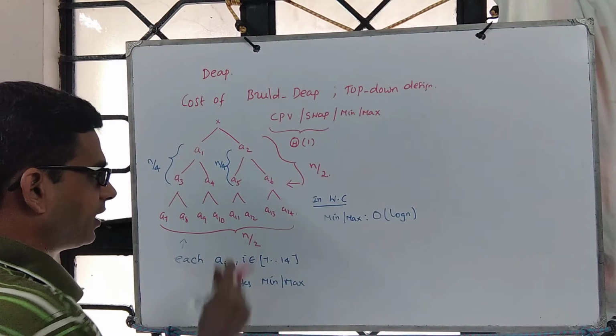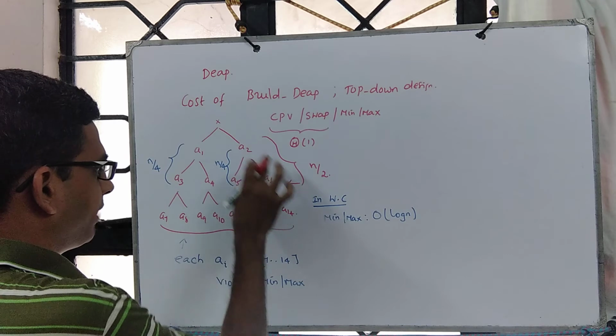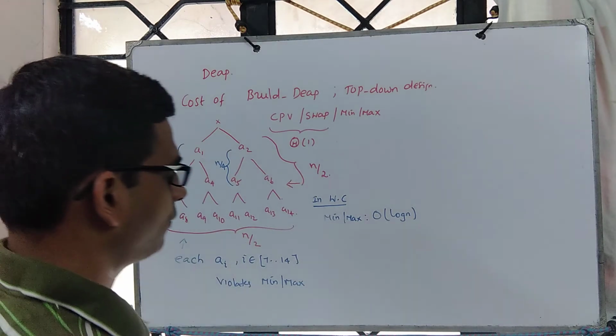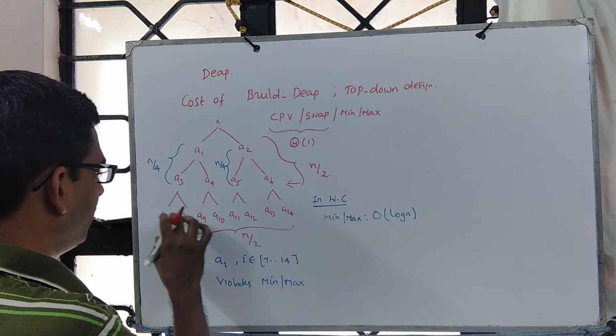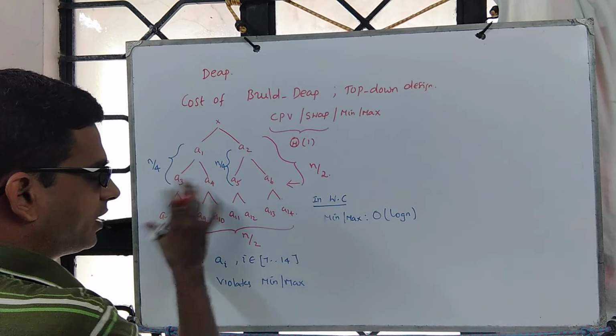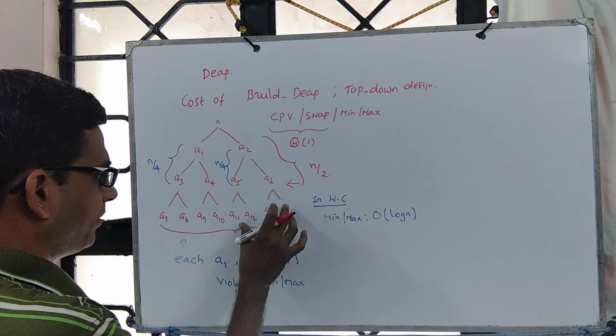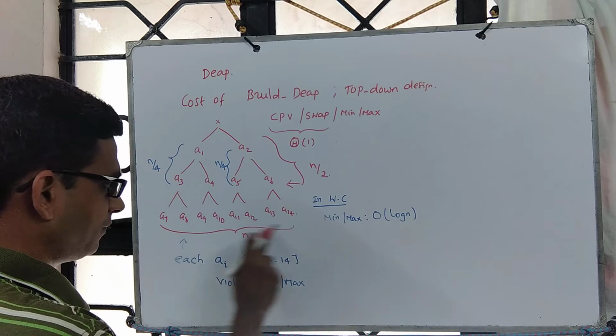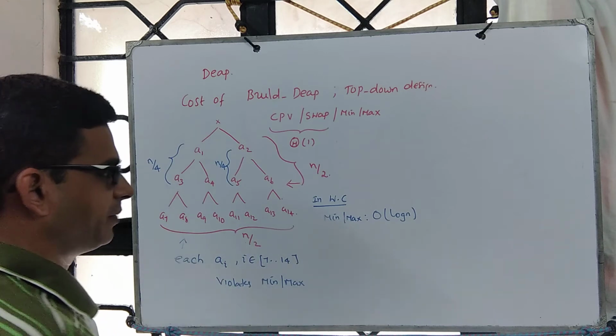So we see that there are n by 4 elements over here, there are n by 4 elements over here. So when we invoke min heapify, we will get log n. Similarly, max it is log n, and that would be the cost for n by 2 elements.